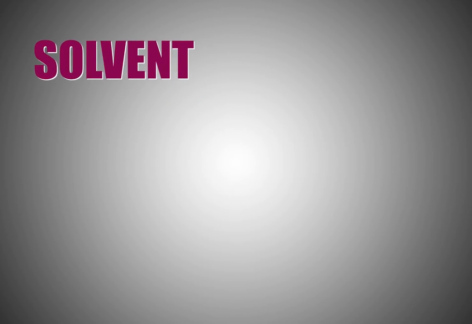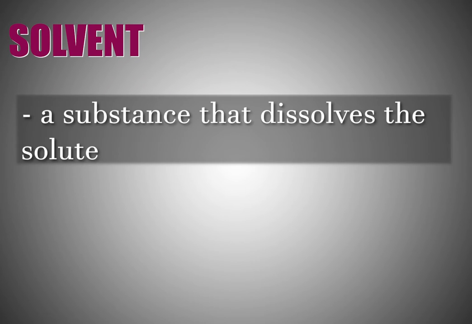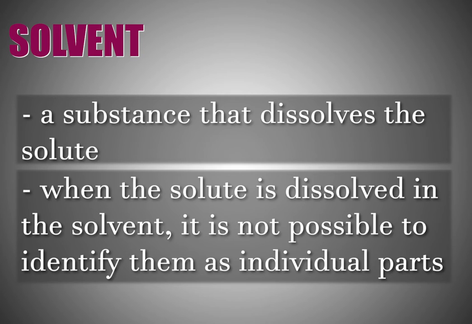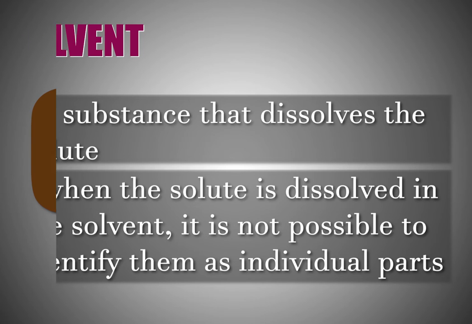Itong solvent naman, it is a substance that dissolves a solute. Tinutunaw niya ang solute. When the solute is dissolved into the solvent, it is not possible to identify the solvent and solute as individual parts. Because as I said earlier, ang solution ay isang type ng mixture that is the same throughout.